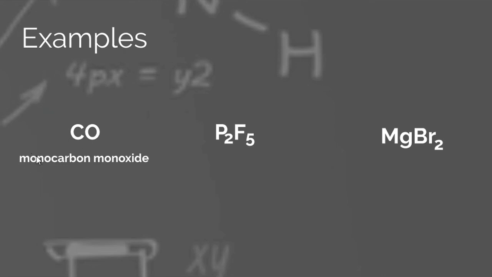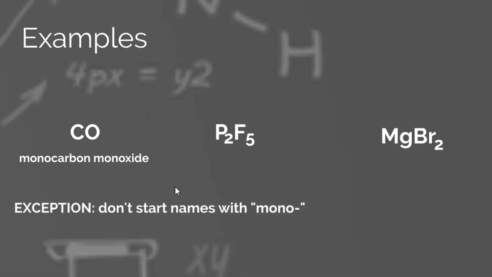That's the prefix mono. So we get monocarbon, monooxygen. And then last thing we need to do is drop that last syllable in our name and change it to IDE. So in this case, we get monocarbon, monooxide. But in this case, we actually bring up an exception that we still have to take care of, is that when we start the names in the first element we use, we don't use mono.